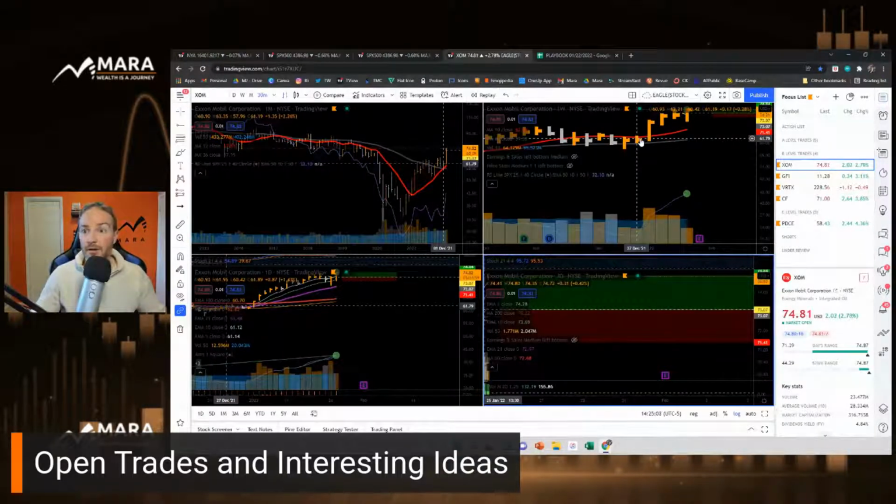I'm looking for that action in pretty much anything that I'm going to trade. I am looking at flags. So if I'm trading a flag, I'd want it to have that volatility contraction within the flag. If I'm trading a cup with handle, I want that volatility contraction. If it's a flat base, I want the volatility to be contracting. The more it contracts, the tighter my entry and my stop can be.